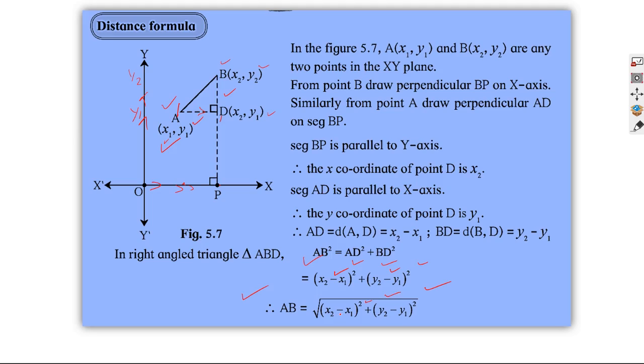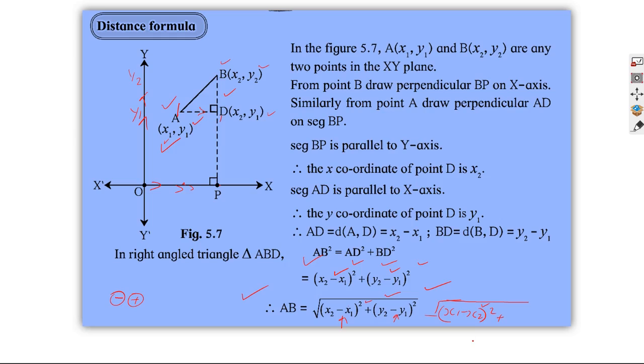Whether it is x2 minus x1 and y2 minus y1, or x1 minus x2 whole square, irrespective of their sign, whether you get a negative answer or a positive answer, you know that the square will be positive.